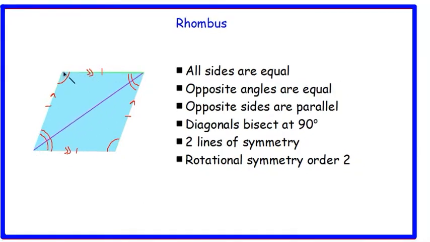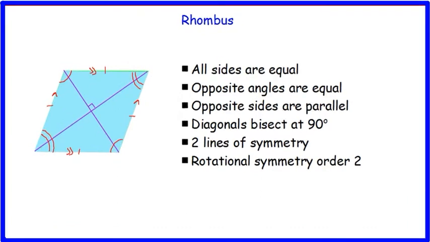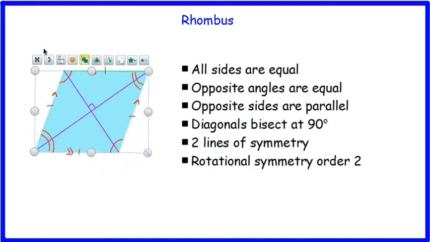You can see that this one is longer than this one, but they do bisect at 90 degrees. 2 lines of symmetry, and that's this one and this one, they will fold across. And rotational symmetry of order 2. Once, twice, and then back to the start.